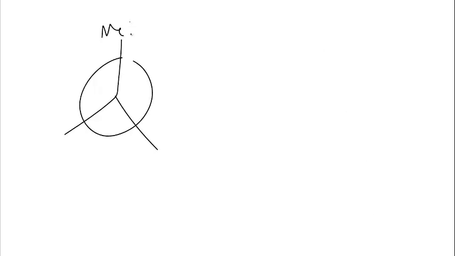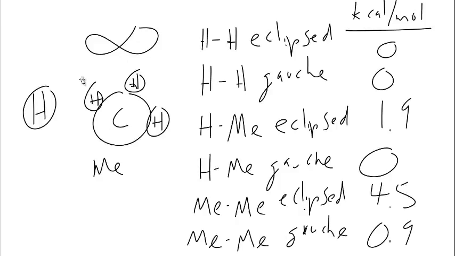What other conformations are out there? What about the anti-conformation? In this conformation, we go back to our energy chart and we really don't see any interactions except for gauche. We know the HH interactions are gauche for 0 kilocalories. H-methyl is gauche for 0 kilocalories.